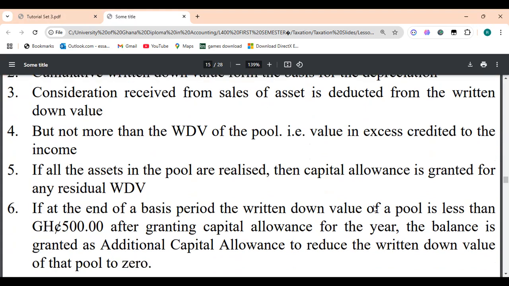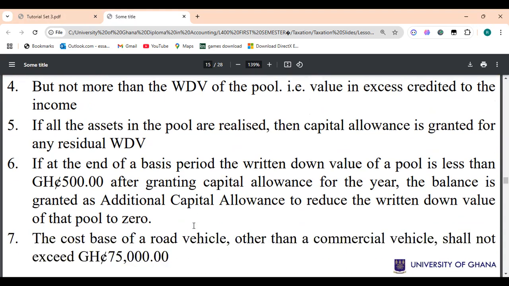If at the end of the basis period, the written down value of a pool is less than 500, then we grant it as what? A capital allowance. So if you get less, say you have 400 Ghana cedis as your written down value, then we also grant that 400 cedis as a capital allowance to the already capital allowance there, right?